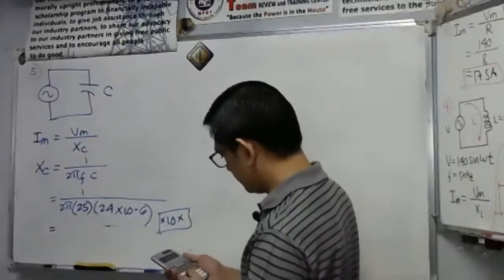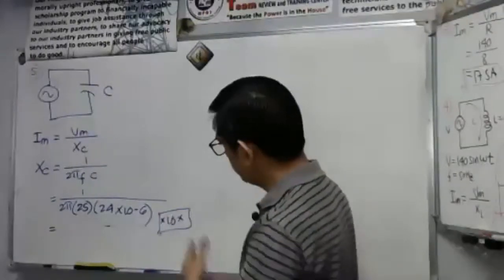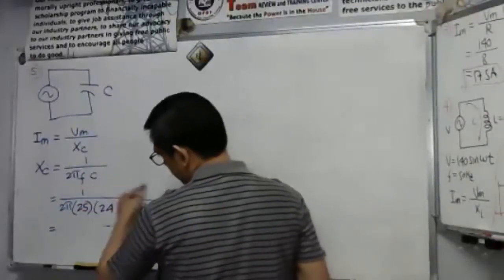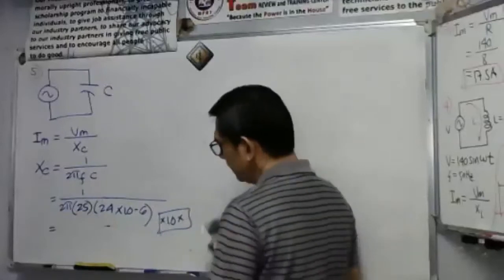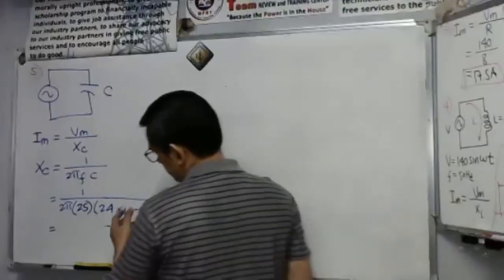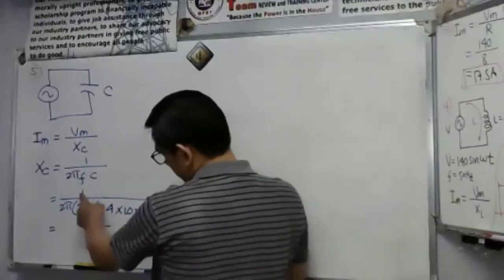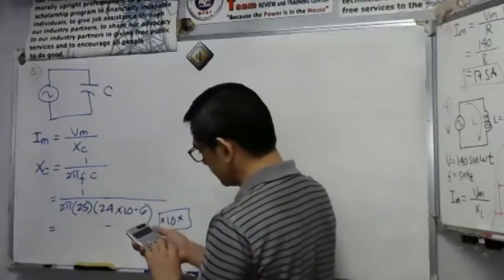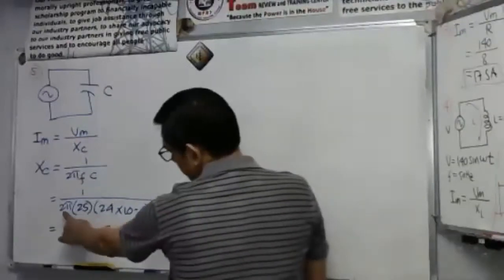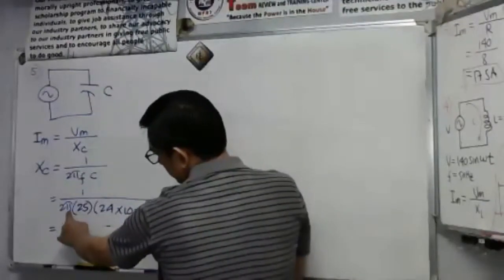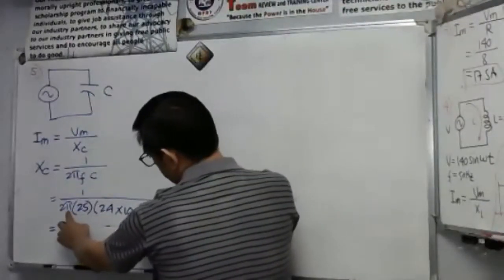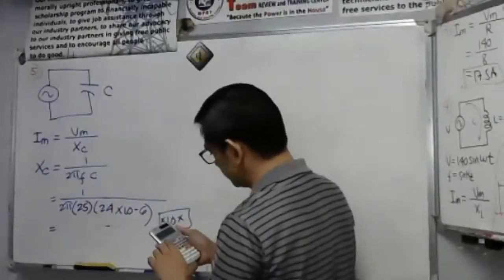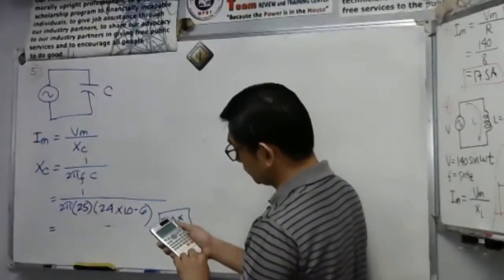Okay, so let us have this one, guys. 1 divided by 2. Well, there are so many ways, no, so that you can calculate. But for me, what I'm doing here is any scientific calculator will do. So just press 1, then divided by 2. Then you press again divided by pi. Okay, so of course, for you to have pi, you press shift, then times 10 raised to x, right?